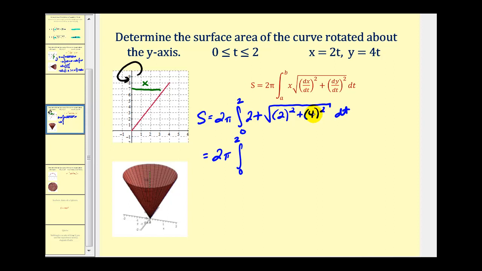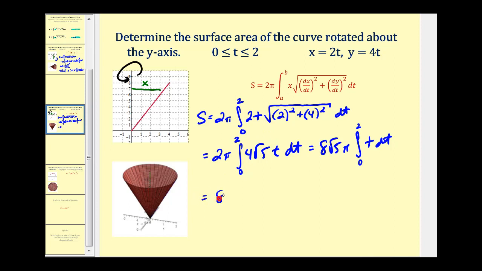This is square root 20, which is 2 square root 5 times 2. That'll be 4 square root 5 t dt. Again, let's factor out the 4 square root 5. So we'll have 8 square root 5 pi times the definite integral from 0 to 2 of t dt.